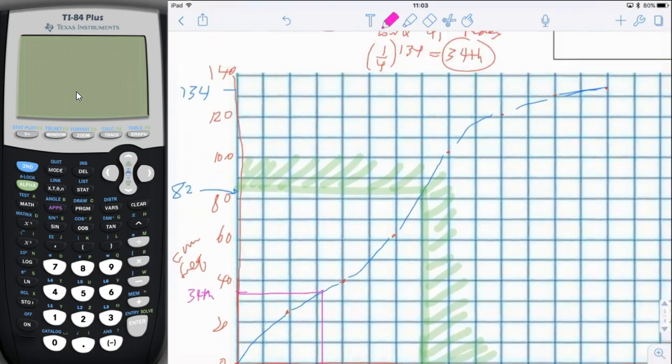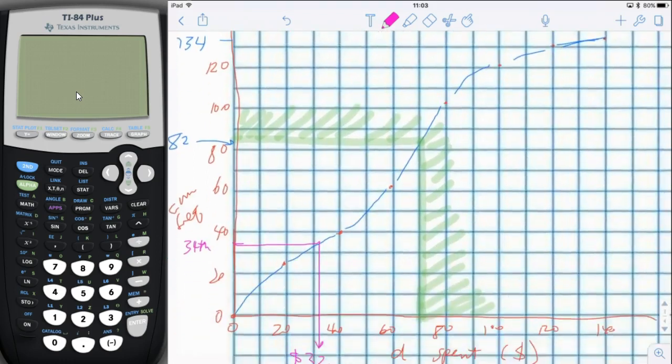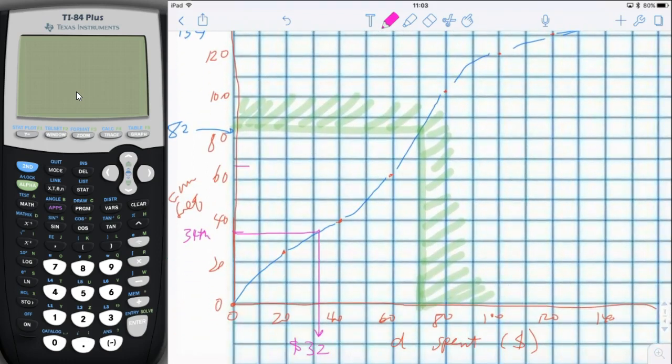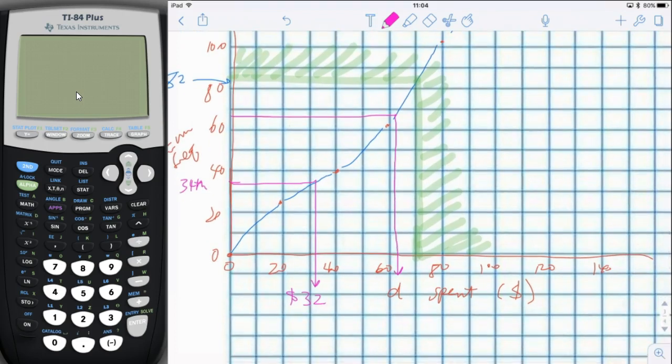The middle person is the 67th person. It's about here, and it hits about there. And you're going to be doing this with a ruler on the real exam. And this is going to be about $62. That'll be the median.